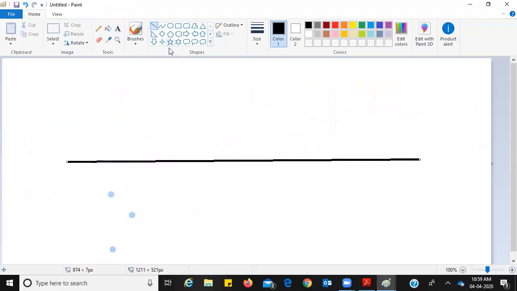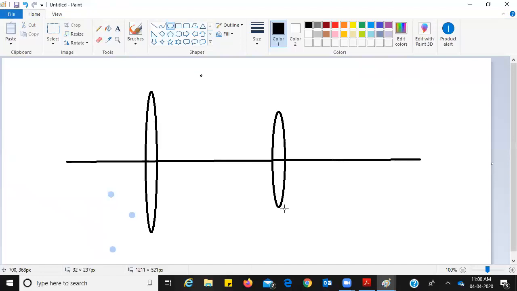Principal axis. Lens 1. Lens 2. I'm drawing the final image, okay? You can draw it anywhere.